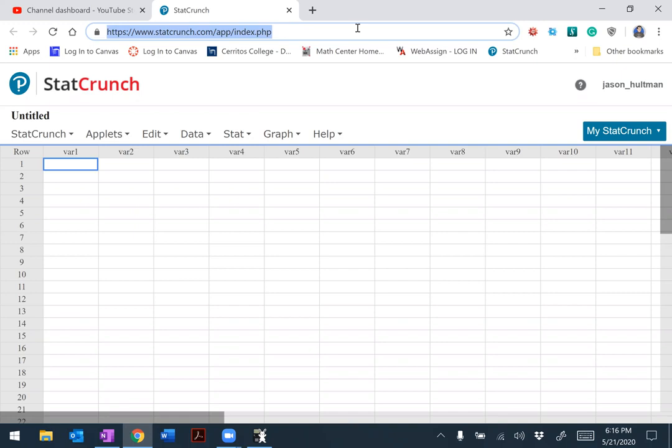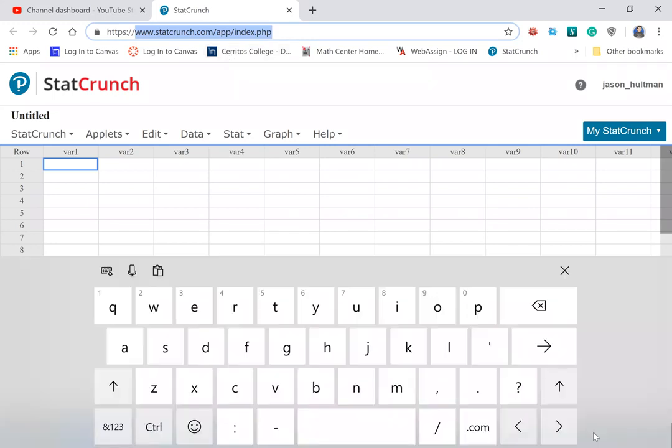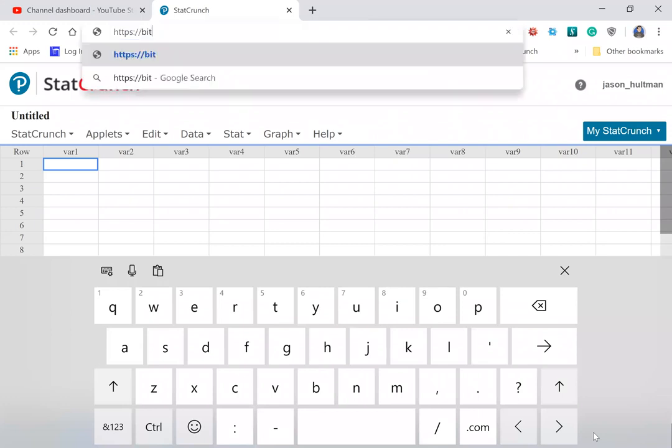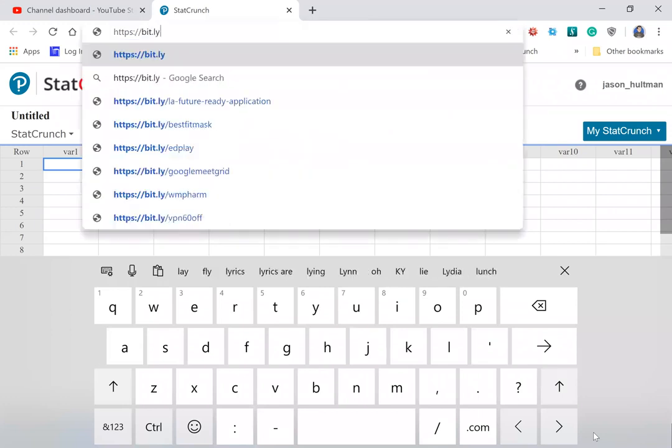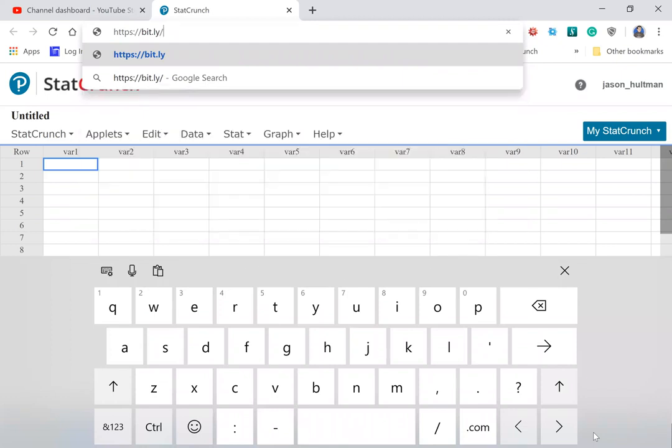And then I'm going to put in that URL, bit.ly/final exam data. You should be able to do this as well. Final exam data, and I'm going to push enter.